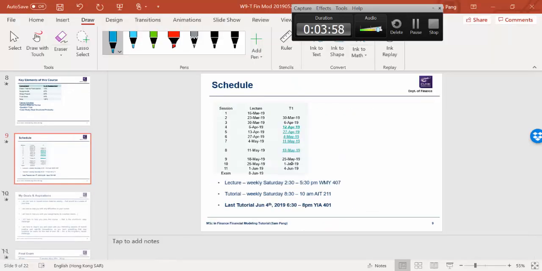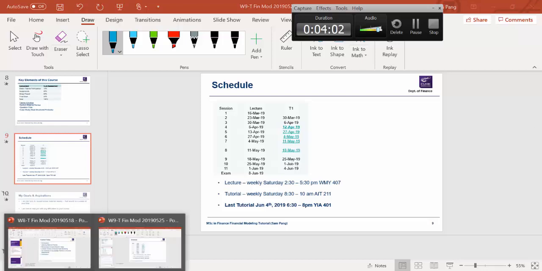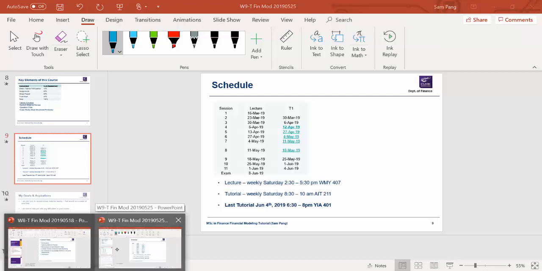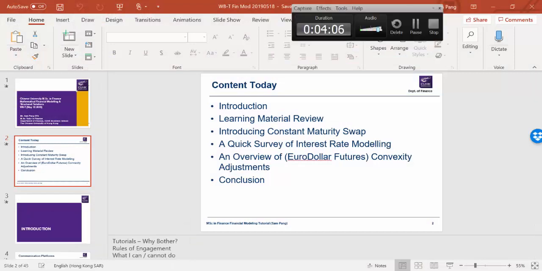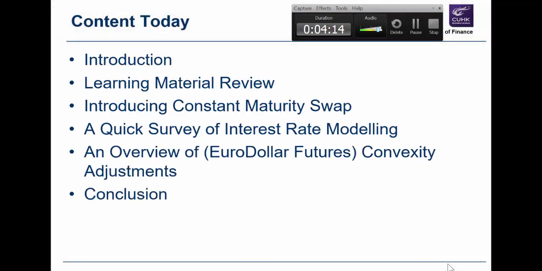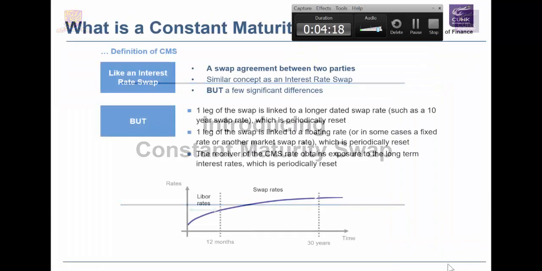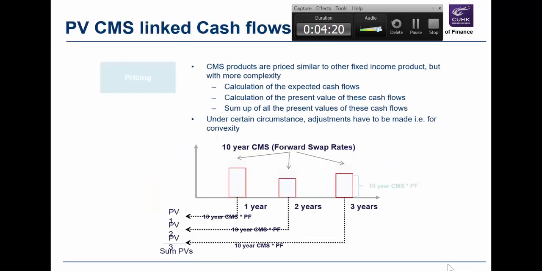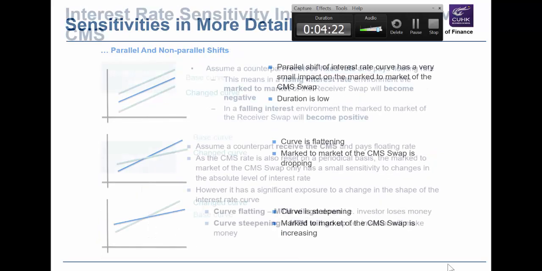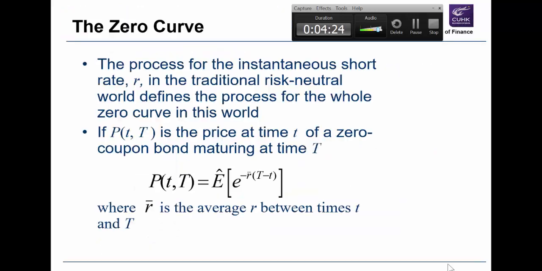Now I want to just pick up from where we left off last time, and talk a bit about interest rate modeling. So these are the slides for last time. And as you recall, we talked about CMS, but that's more for your career and professional interests.